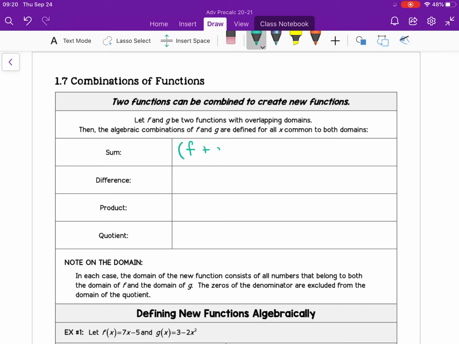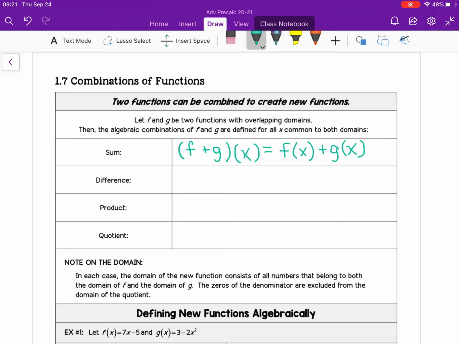It's a plus sign. There's a couple ways to write it. You can write f plus g and then the x on the outside, but all it means is the function of x plus the function of x, just titled differently, f versus g.